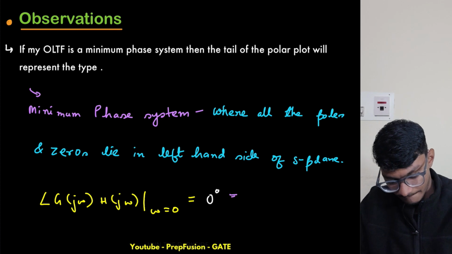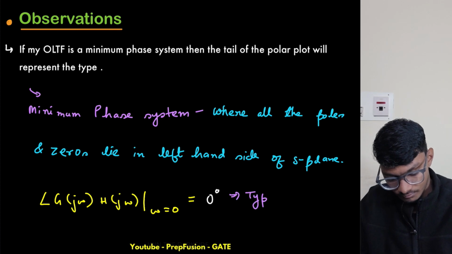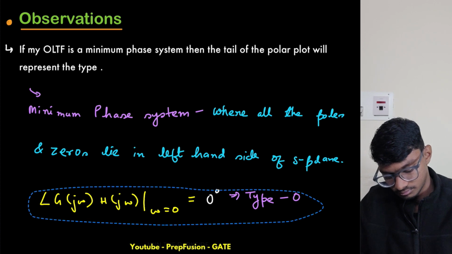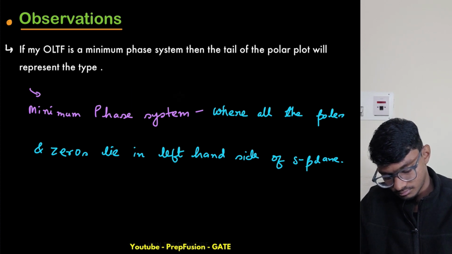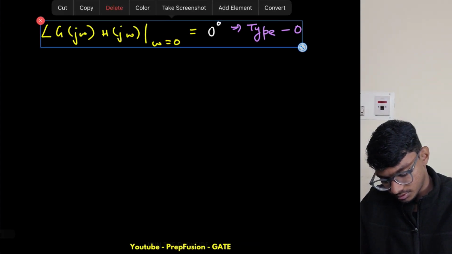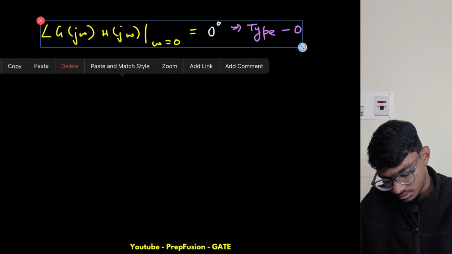This means this is a type 0 system. Now I will just copy this one and write it here.